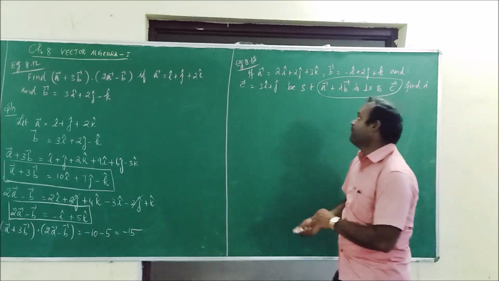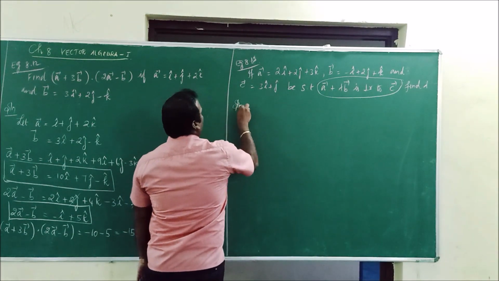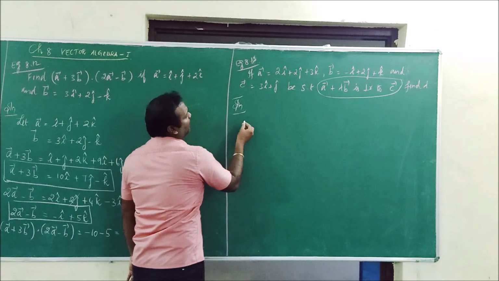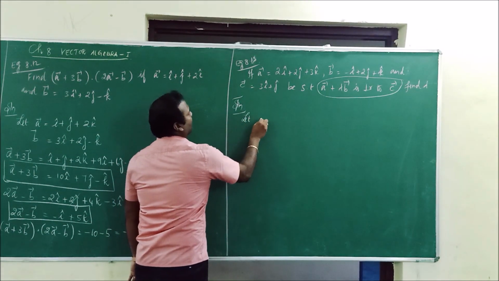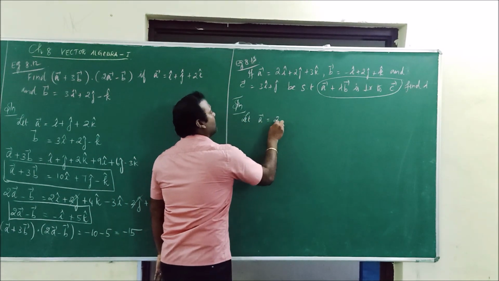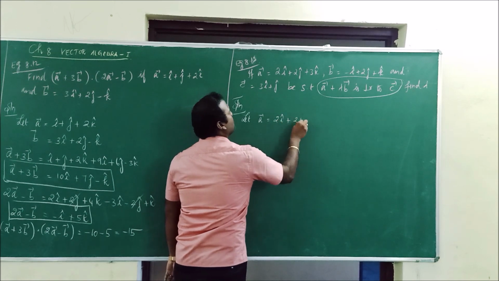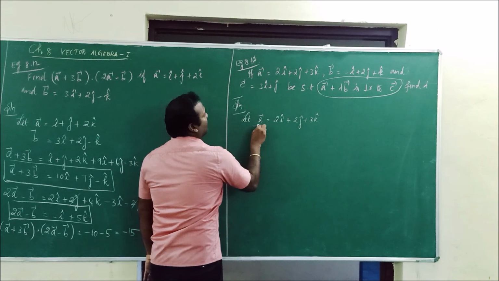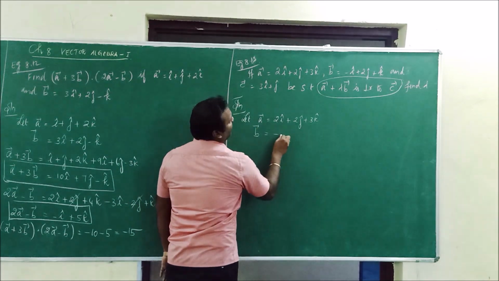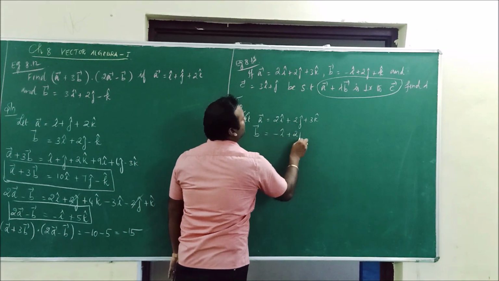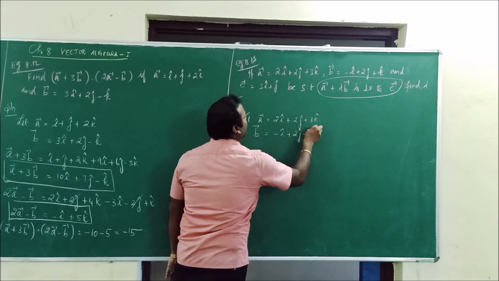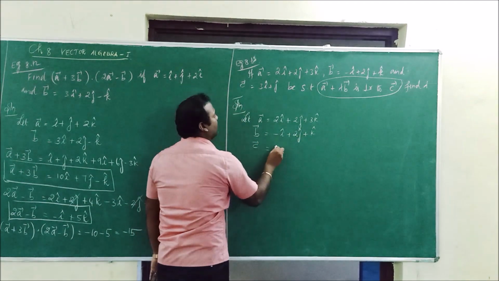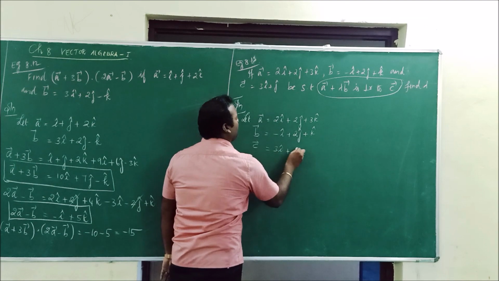Okay. First, we will write all the vectors given. A vector is equal to 2i cap plus 2j cap plus 3k cap. Then b vector is equal to minus i cap plus 2j cap plus k cap. Then c vector is equal to 3i cap plus j cap. Okay.